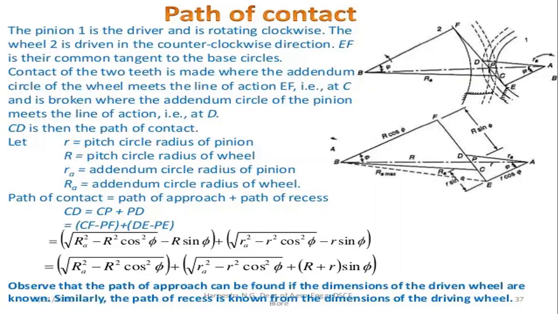Here in the picture you can see the line EF is the common tangent between the two base circles, that is, the first gear as well as the second gear.